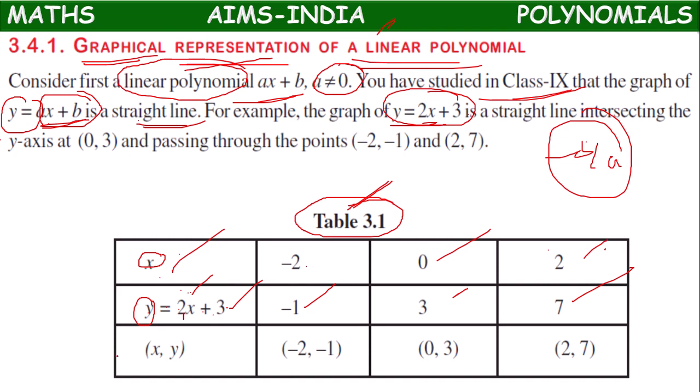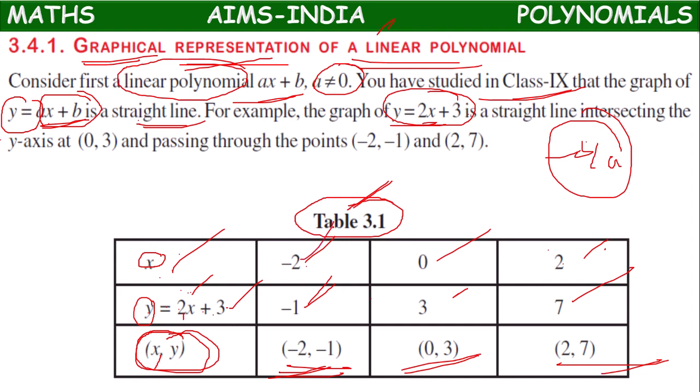What are the coordinates of x comma y? Because for drawing the graph, we need the coordinates of x and y. When we have taken x as minus 2, y is minus 1, so minus 2, minus 1 is one coordinate. 0, 3 is the second coordinate, 2, 7 the third coordinate.